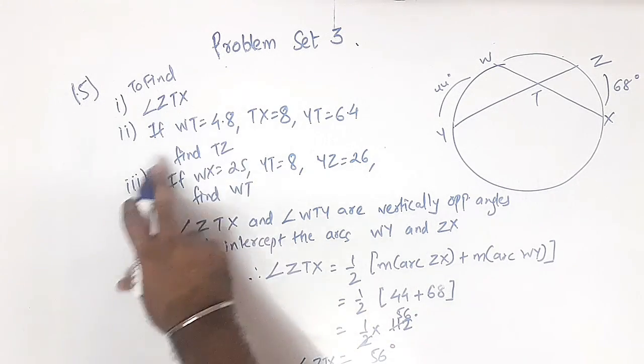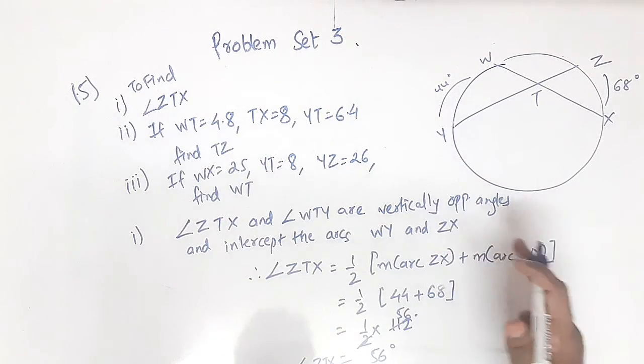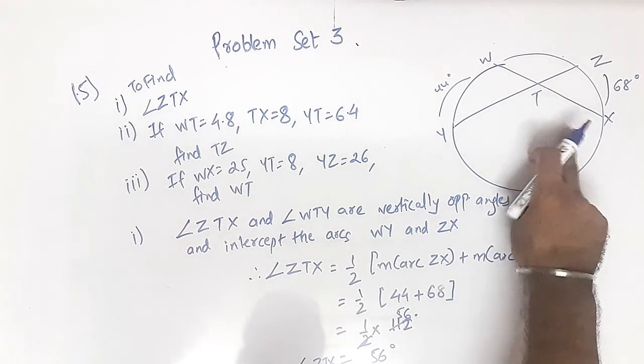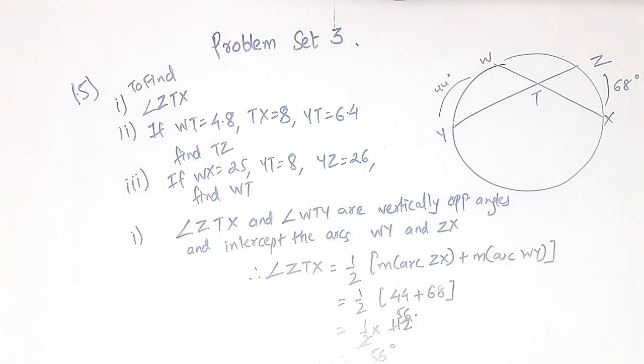Let us move on to the second question, where WT is given as 4.8, TX is given as 8, YT is given as 6.4, and we have to find TZ. It is very simple.